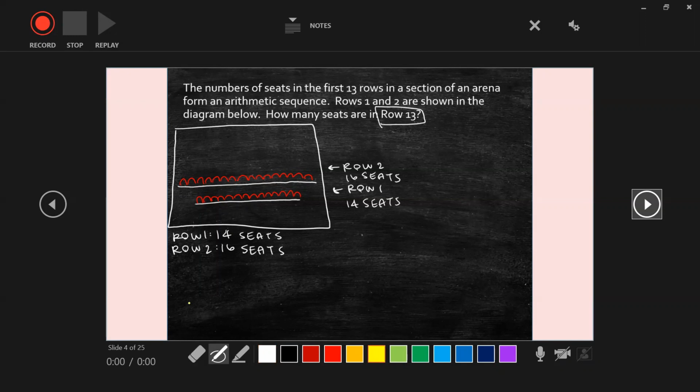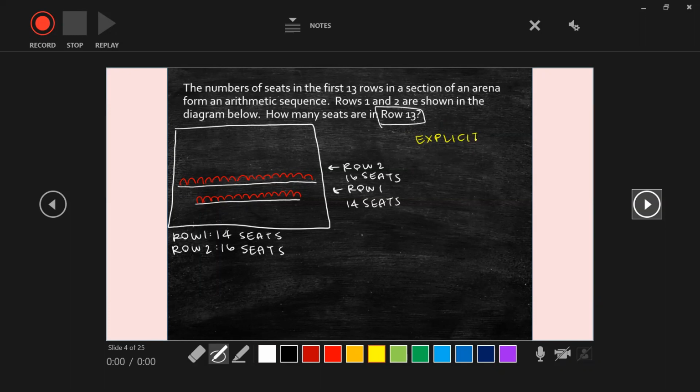So let's just look at an explicit formula, just because we are being asked for some random number like 13, and I'm not given row 12 or row 14 or something really close to row 13. So because I haven't been given any hints about a recursive formula, let me try an explicit formula.